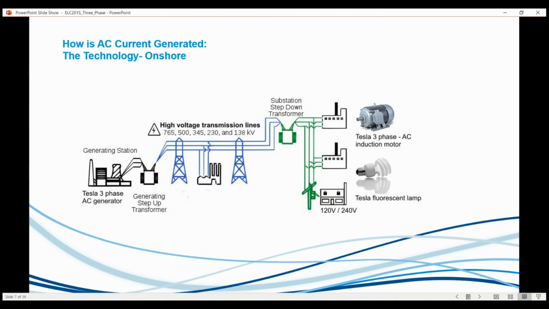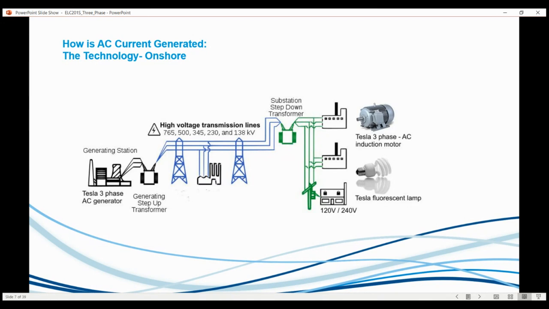But what's important to note is that all this is 3-phase equipment, and when we're talking about how to configure the 3 phases, there are different ways to do it. Lastly, once you step it down, where you see the so-called fluorescent lamp, we step it down further to your single phase.